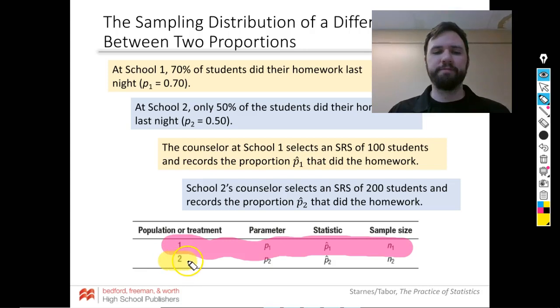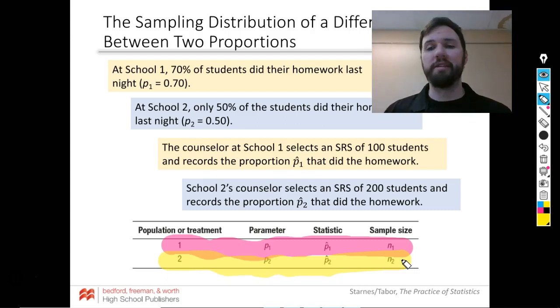Now, treatment 2, we're going to put P2, P hat 2, and N2. This is going to be important when we check conditions to understand where the symbols are coming from. Remember, no hat means it's a parameter. It's the believed population value you're trying to find. Statistic is your sample. Okay?